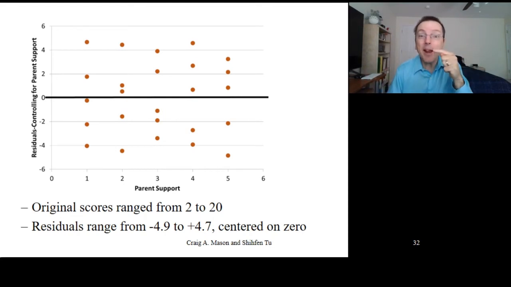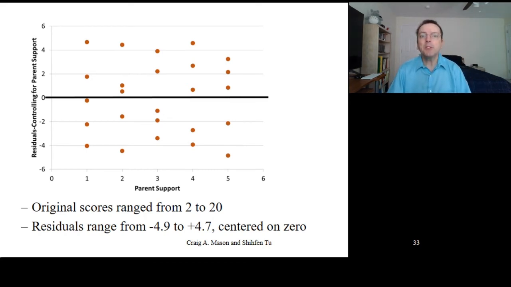You can see it right here. Plus, notice the mean of the residuals is 0, and the residual of 0 indicates that a person's observed score was exactly equal to their predicted score. Now, notice that there's no association between parent support and the residuals for behavior problems controlling for parent support.